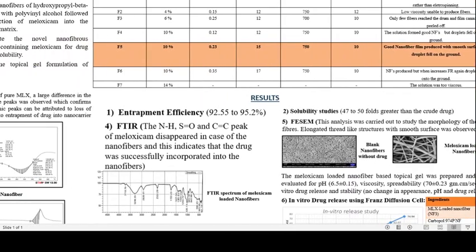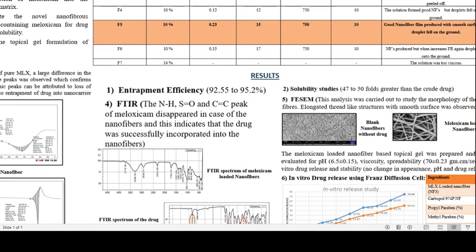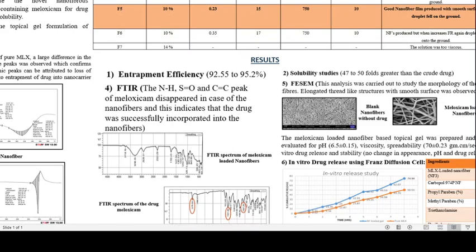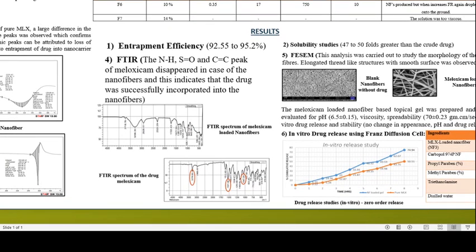Now these nanofibers were evaluated for various parameters such as the entrapment efficiency, which was 92.5 to 95.2%, which is quite a good entrapment efficiency, and they were also analyzed by FTIR. The NH stretch, SO stretch and CC stretch were observed in meloxicam.